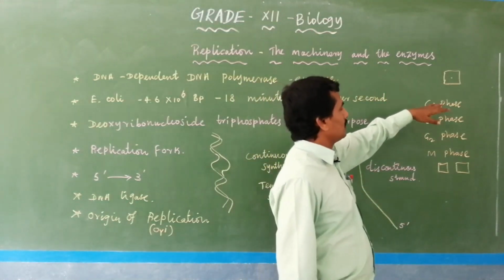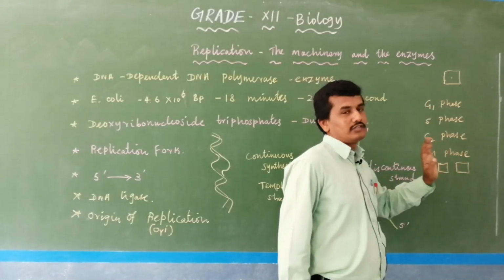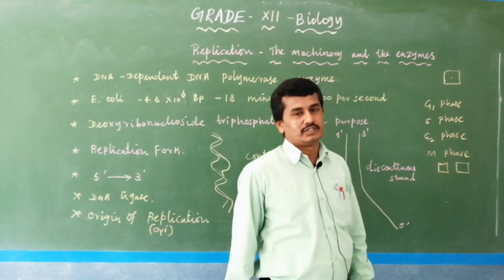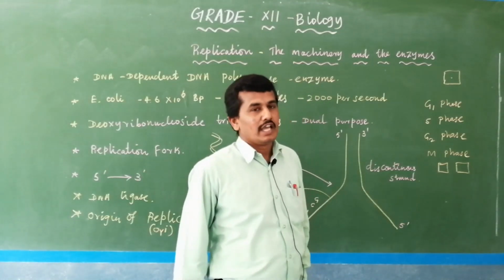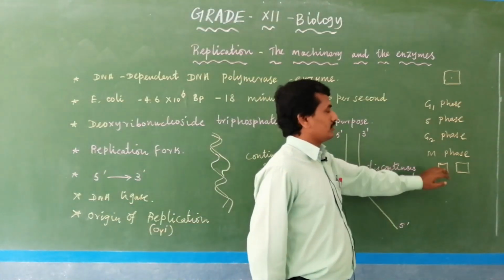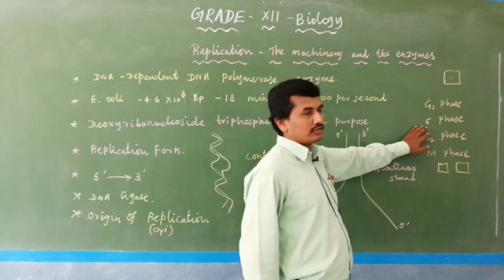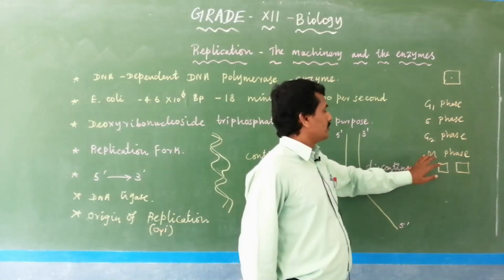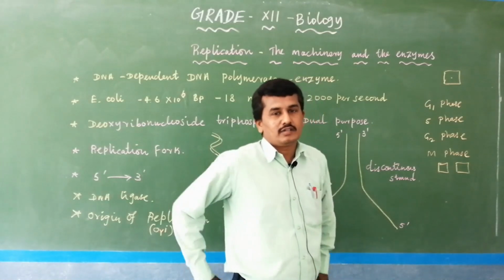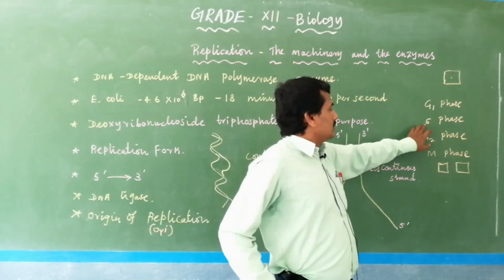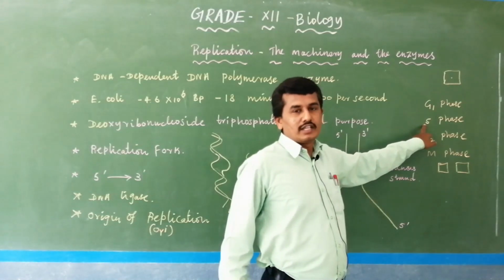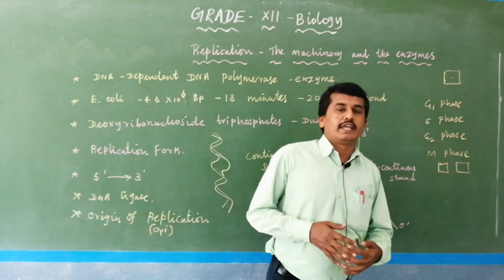Normally we know one cell is divided into two cells after mitosis. In 11th standard I have already studied the cell cycle lesson. In the cell cycle, various stages are present like G1 phase, S phase, G2 phase, M phase. In the S phase of the cell cycle, the DNA gets replicated.